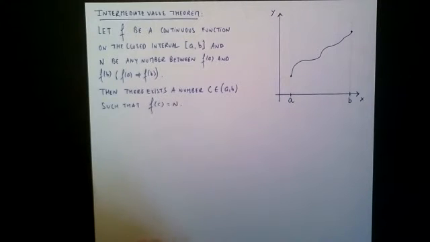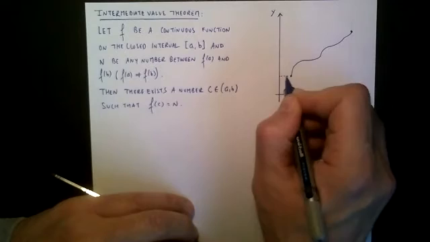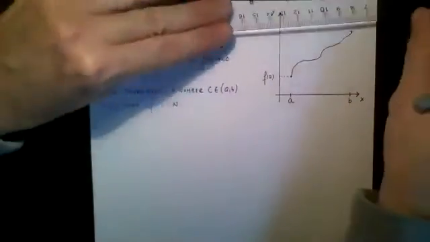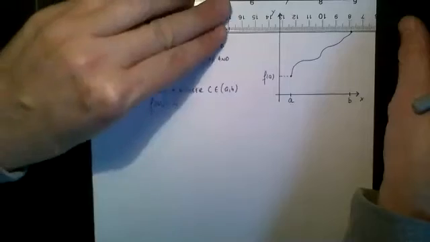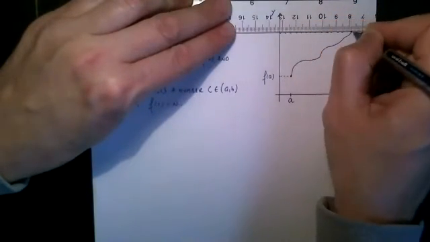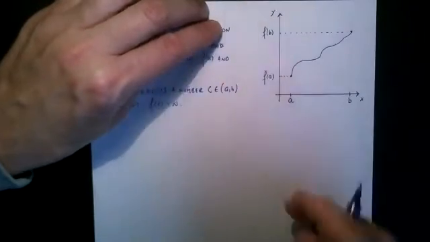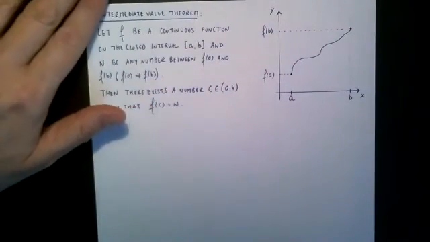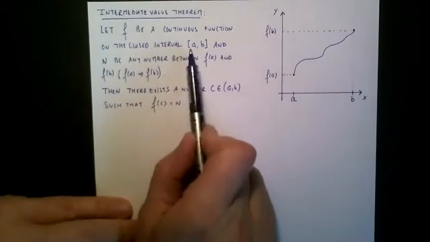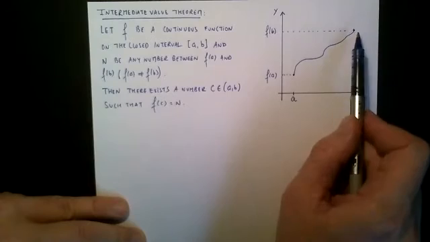And here I have f of A. And then up here I have f of B. That's my situation. That's what I start with. A function defined over a closed interval AB. So f of A works, f of B works.